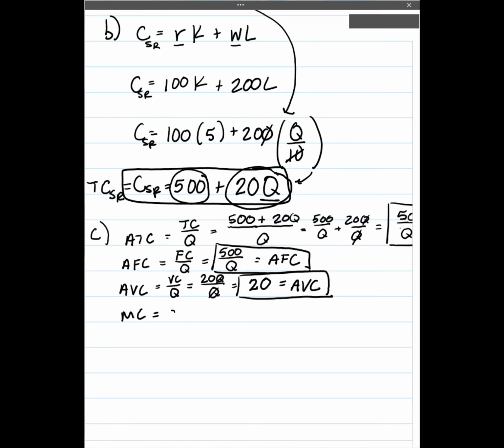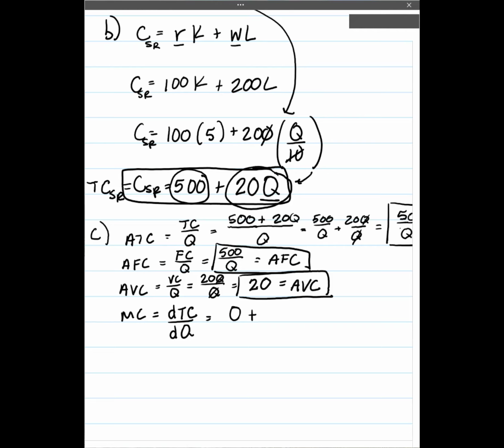Finally, we have marginal cost, which is the derivative of total cost with respect to output. So we're going to take our total cost equation and find the derivative. So 500 has no quantity variable modifying it, so its derivative is 0. And we're going to add to that the derivative of 20 times quantity.